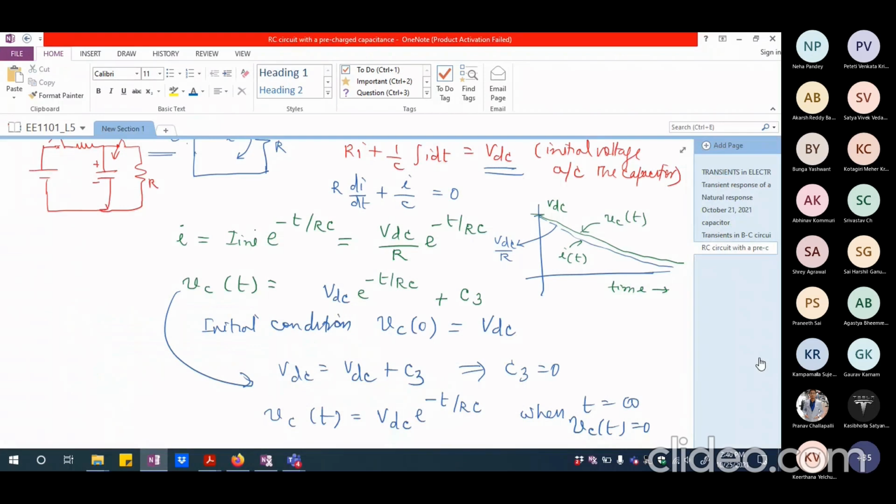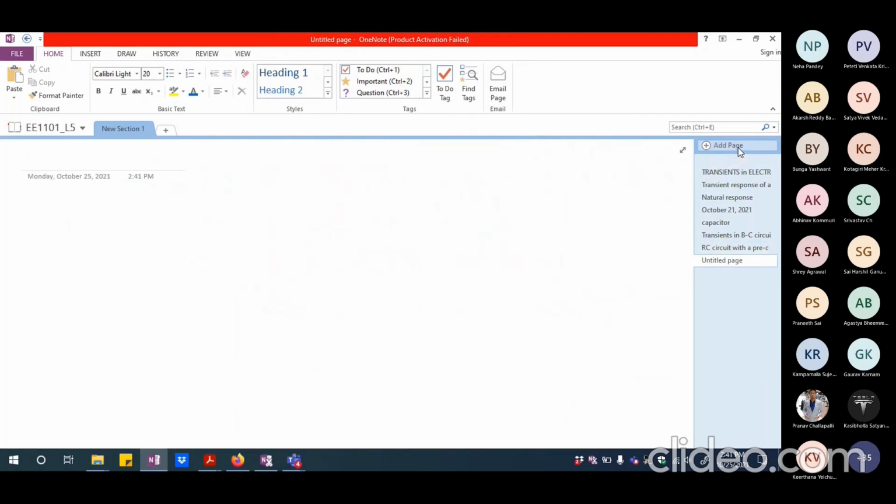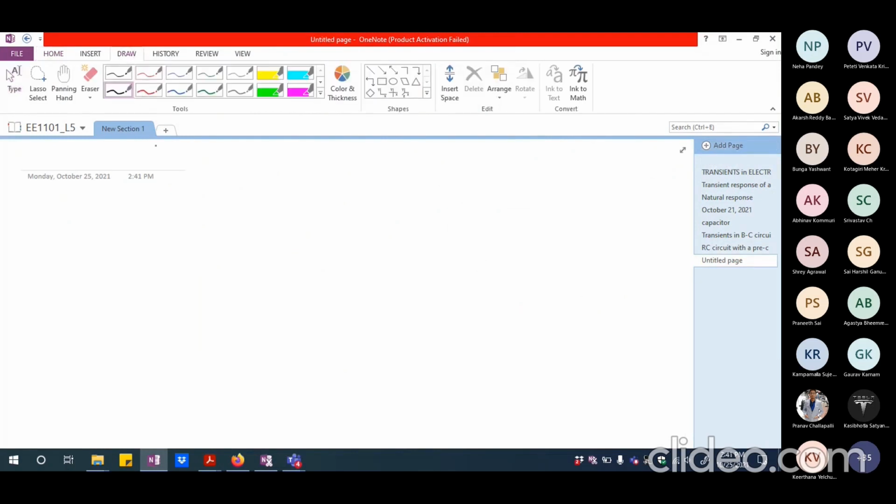Okay, so we had been discussing transients in electrical circuits, and what we mainly saw was two different circuits. One was the RL circuit. In the transients, we first discussed the RL circuit with a voltage source.